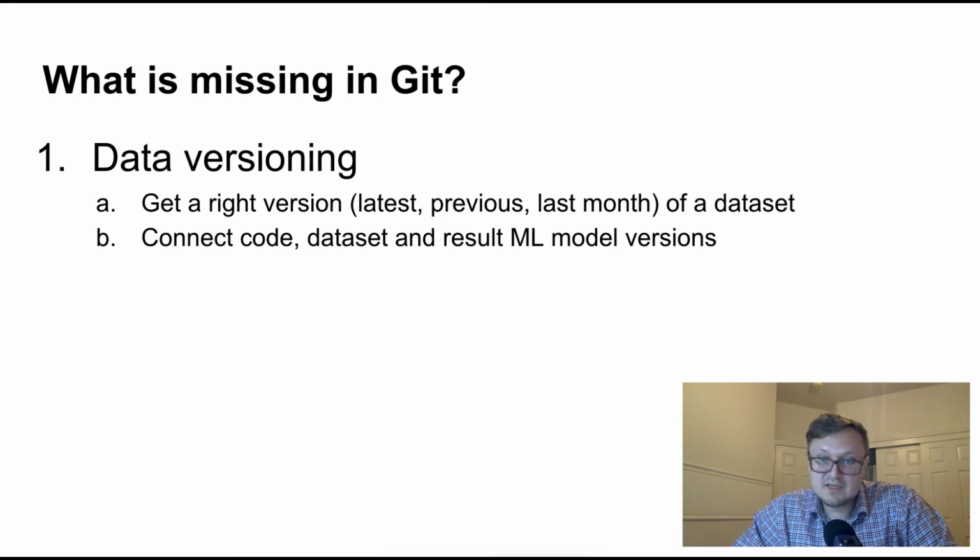We should be able to get a model from the previous month or roll back our production system to the release from last week. And also we need to connect our data, code, models, all the pieces together in one particular commit, right?